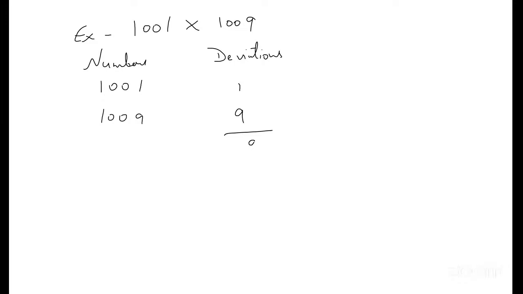But we will put a 0 before 9. If the multiplication of the deviations is a single digit, then we put a 0 on the left to make it 2 digits. So 09 it becomes.